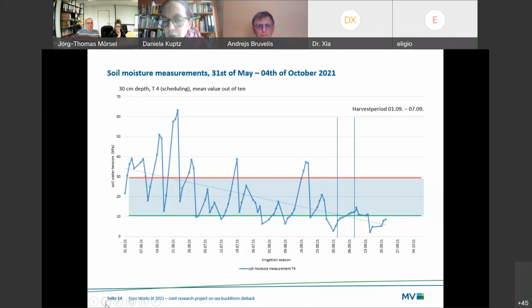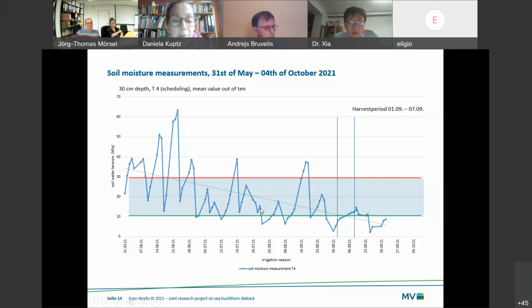This picture shows the soil moisture at 30 centimeter depth for treatment number 4. At the beginning we had some higher peaks because it was quite difficult to get used to the tensiometers. You have to take care of them nearly daily to get rid of air bubbles and things like that.